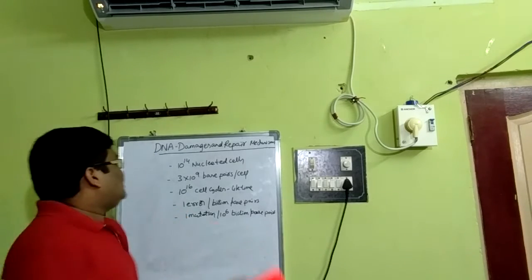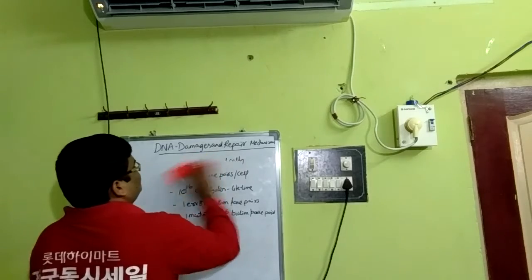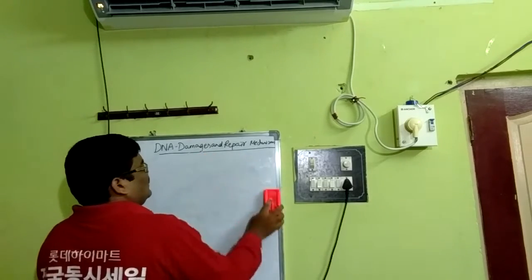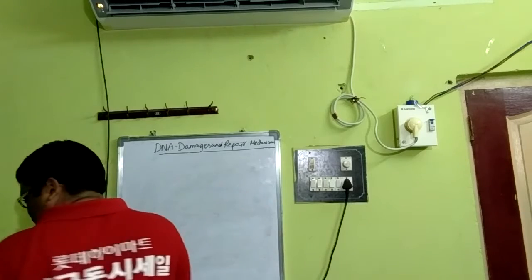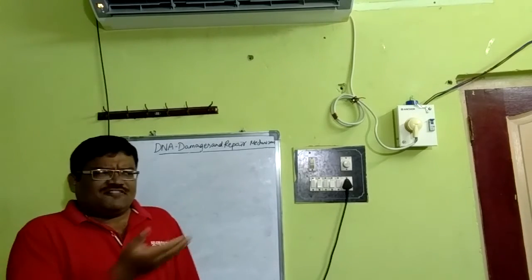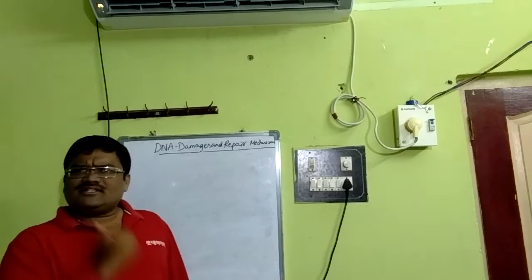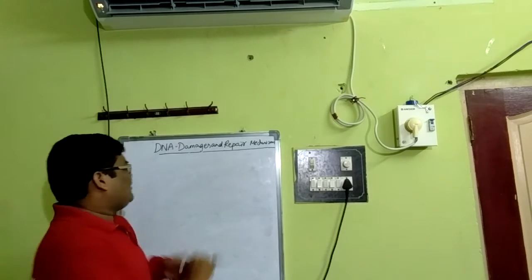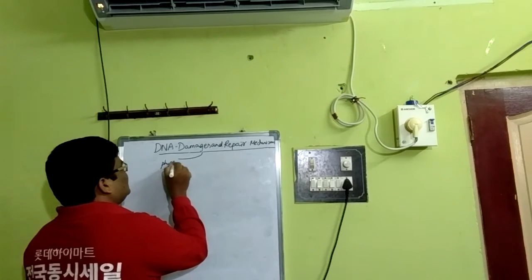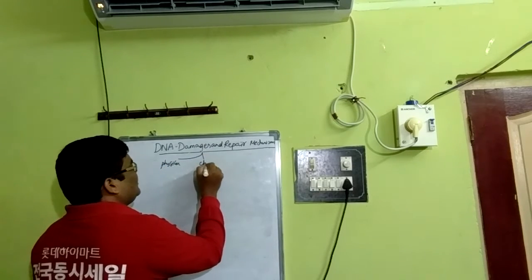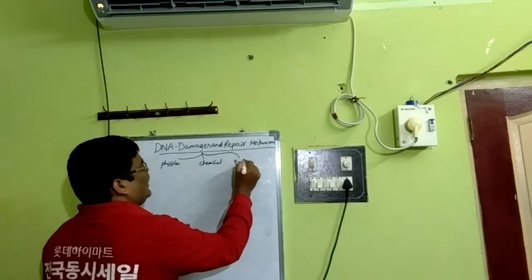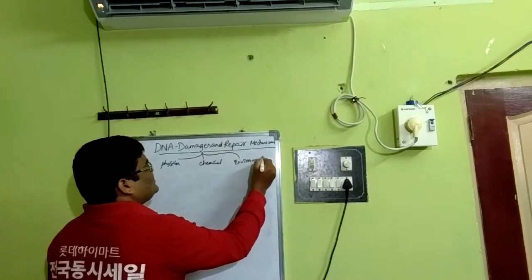With regard to different DNA damages, depending on the kind or the intensity, or who exactly causes the DNA damages, there are physical agents, chemical agents, and environmental agents, like for example radiation, which cause DNA damages.